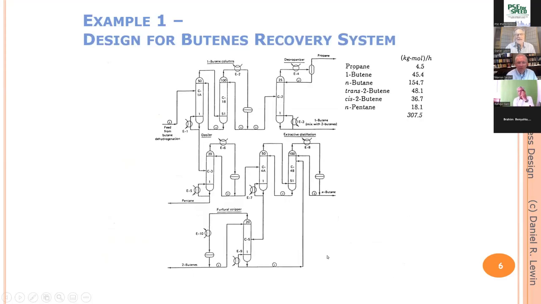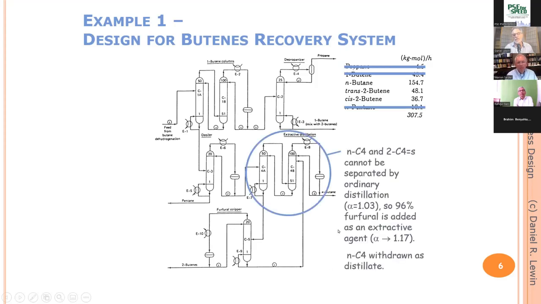And we start off by actually showing the student the actual optimal design, which involves a column to separate the light components from the rest of the system, a second column to produce propane and 1-butene, a third column to separate the pentane as bottoms, and then a system of 2 columns involving extractive distillation using 4-Vorel to separate the butenes from the NC4, from the butane.